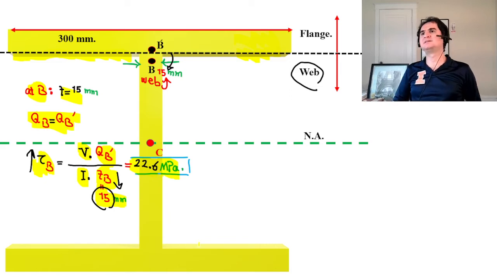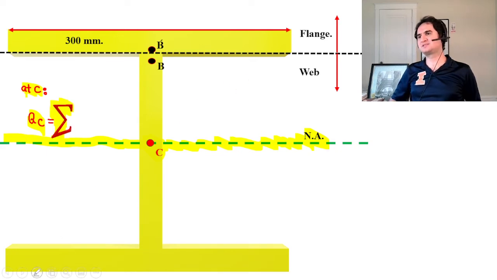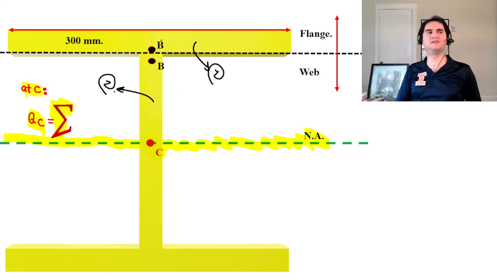Let's investigate another point, C, at the center, which lies at the centroid. At C, QC is nothing but the summation of the area from the top to that point. That includes two parts: the first part is the flange, and the other part is half of the web area down to the centroid.